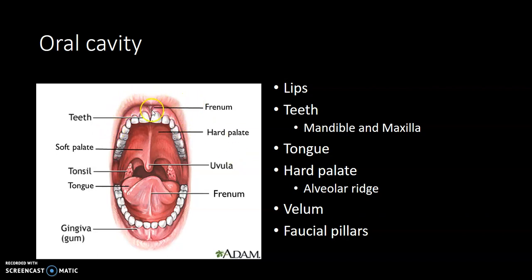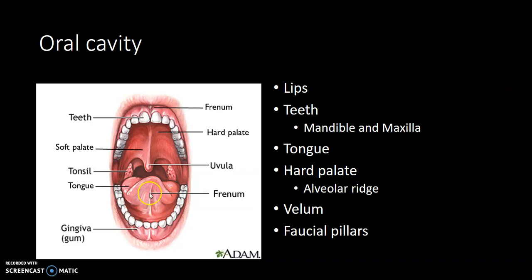And right behind the lips, if you curl your lip up or pull your bottom lip down, you'll see your frenum. And if you lift your tongue up in your mouth, you also see another frenum. Frenums are just connective tissue. They keep your lips from hanging down too far over your teeth, and help keep your tongue from lollygagging around in your mouth.